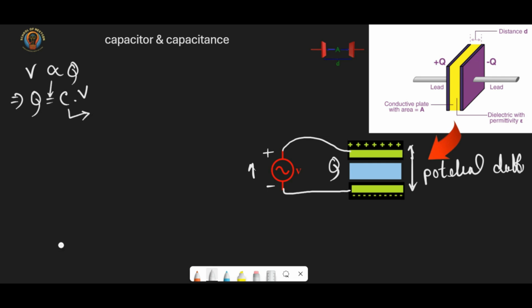And what is actually capacitance? I said the ability to store charges, and this is actually the capacitance.